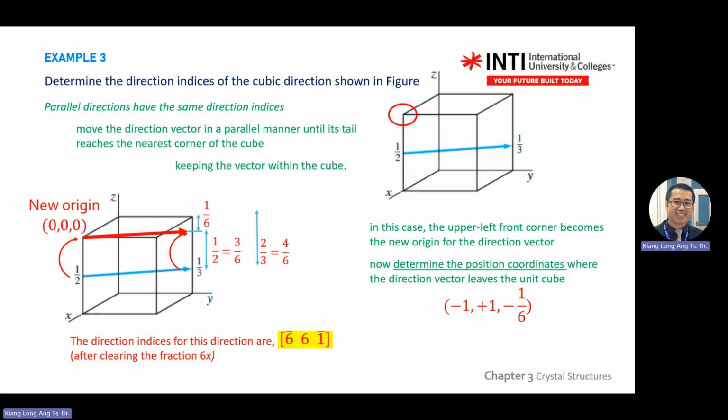Z, it moved down 1 over 6. Again, for direction we don't have commas, we don't have fractions, and we don't use round brackets. So change the round brackets into corner brackets, then multiply by 6 to become whole numbers. So minus 6, 6 and minus 1. Remember, negative is above that one.